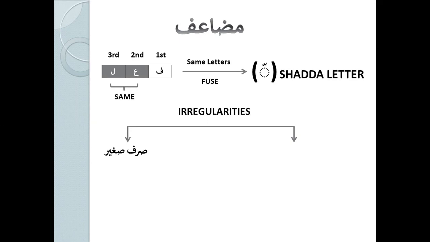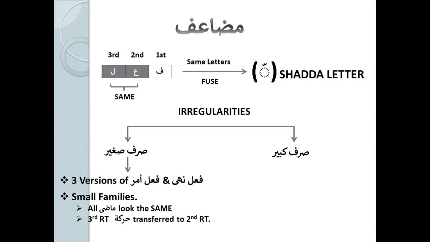Now, in Sarf Saghir and Sarf Kabir. Right now, I'm just going to explain the irregularities in Sarf Saghir. Apart from the two letters becoming one, the other irregularity is that there will be three versions of Fil Nahi and Fil Amr, and we'll see why. And in the small families, you will see that all six families have a Fil Madi that looks the same.